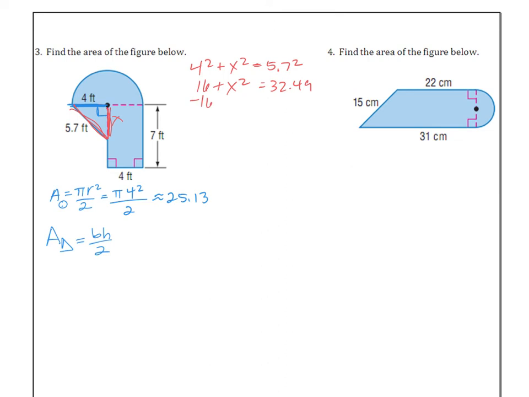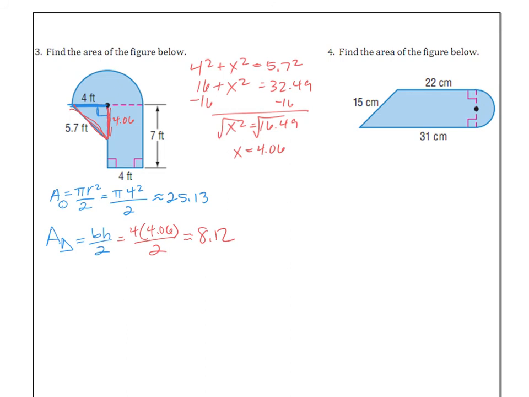Subtract your 16, and you get x squared equals 16.49, and then take the square root, and it ended up being 4.06. So this little distance right in here is 4.06. But that's going to allow us to find the area of the triangle. It's going to be 4 times 4.06 divided by 2. Base times height divided by 2. This ends up being approximately 8.12.